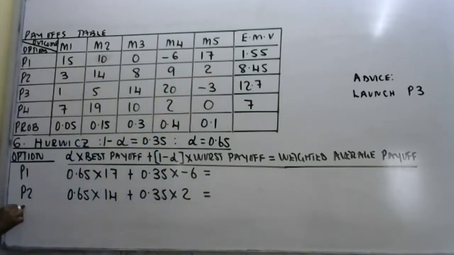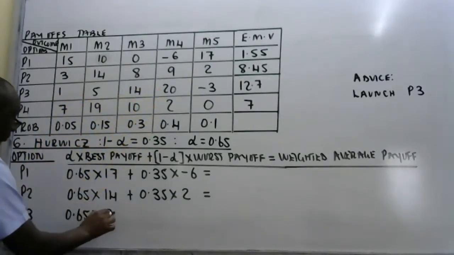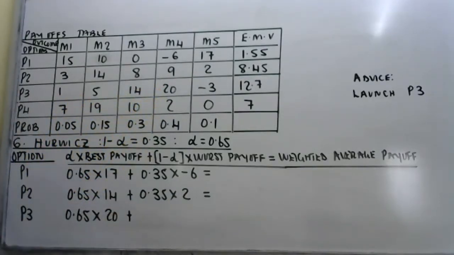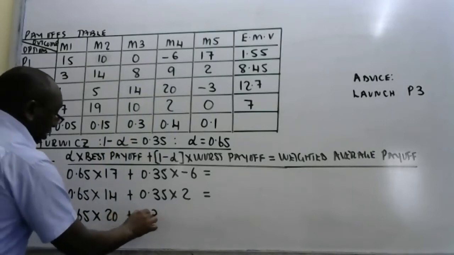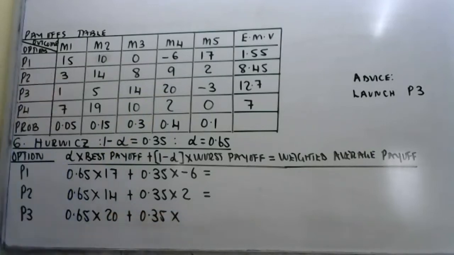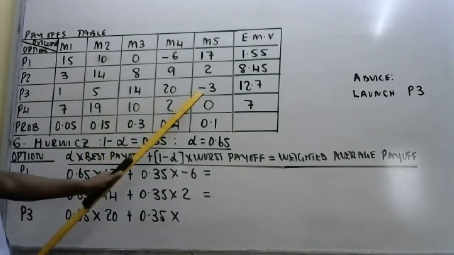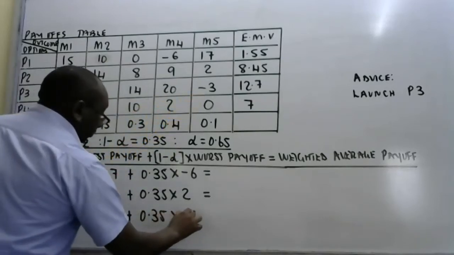Then I go to P3. 0.65 multiplied by the best there is 20 plus 0.35 times the worst, which is minus 3.